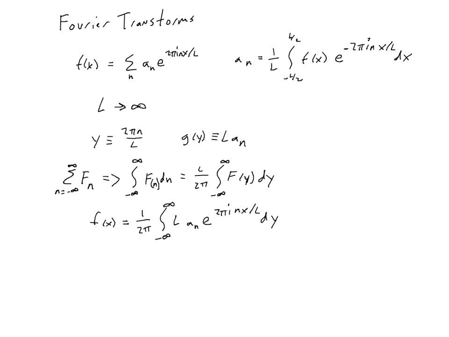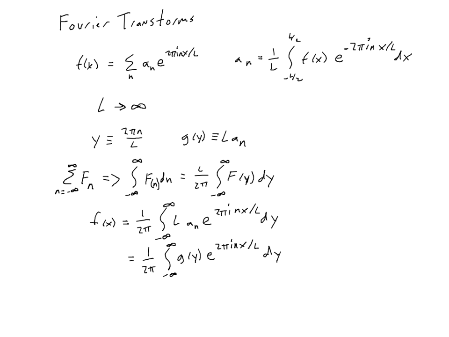Since L times a sub n is equal to g of y, this is just equal to 1 over 2 pi times the integral from minus infinity to infinity of g of y, then the exponential term, dy.